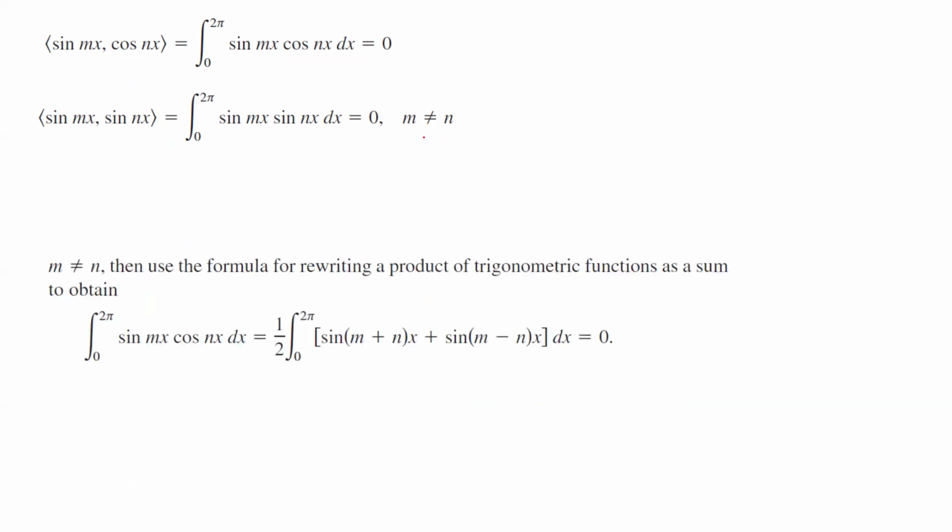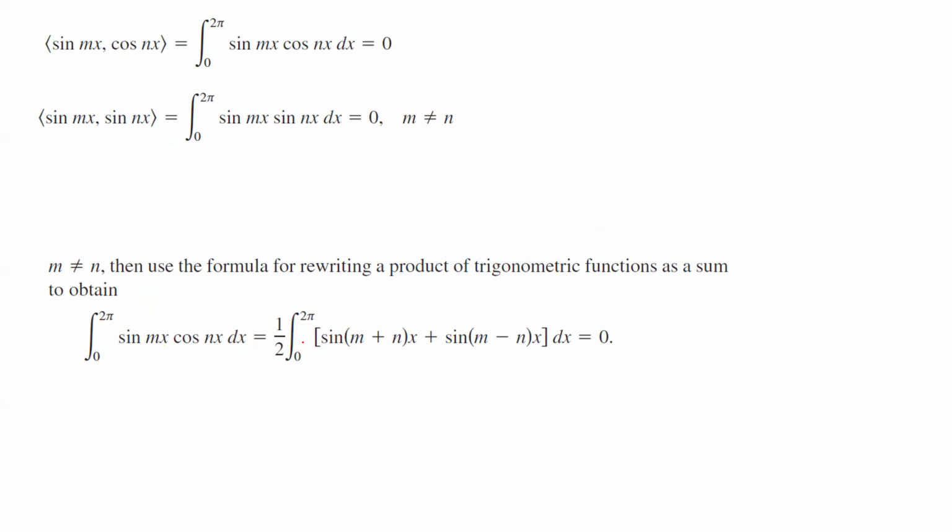Why is that? If m is not equal to n, then you can use what you learned in pre-calculus. The definite integral from 0 to 2 pi of sine mx cosine nx is equal to 1/2 the definite integral of sine (m+n)x plus sine (m-n)x.